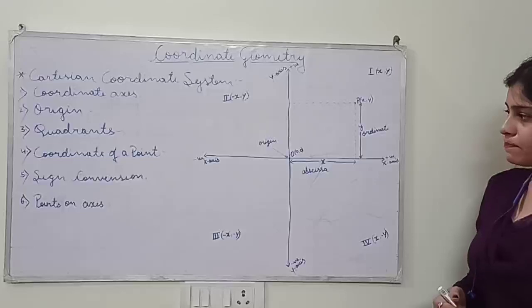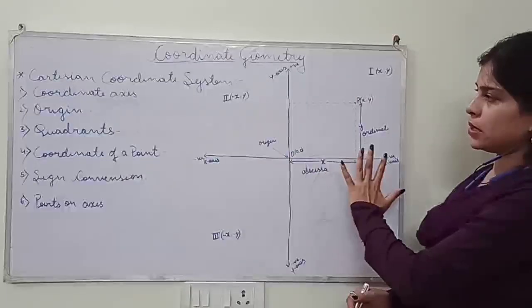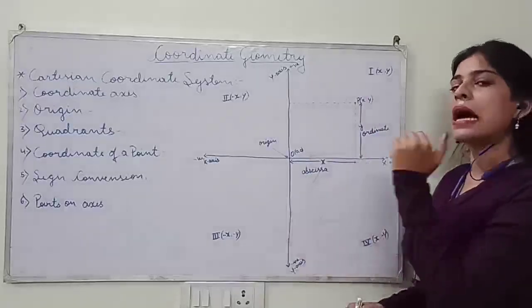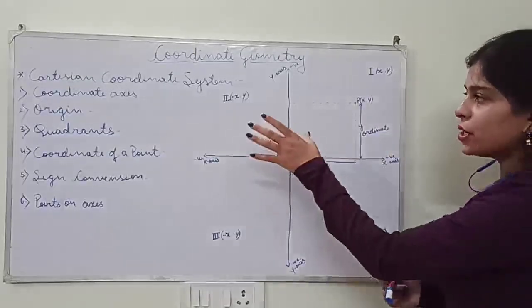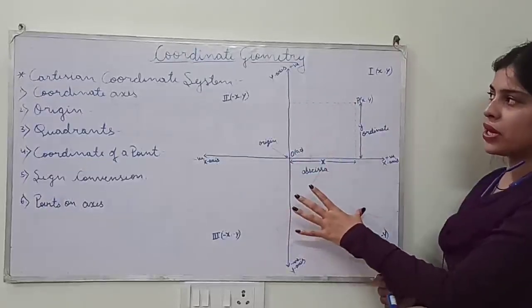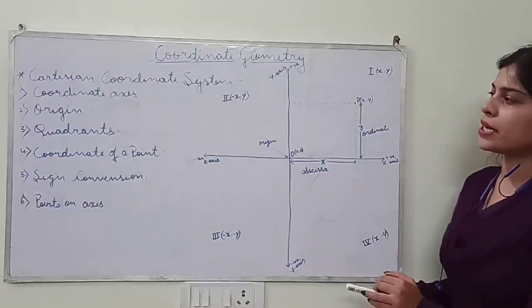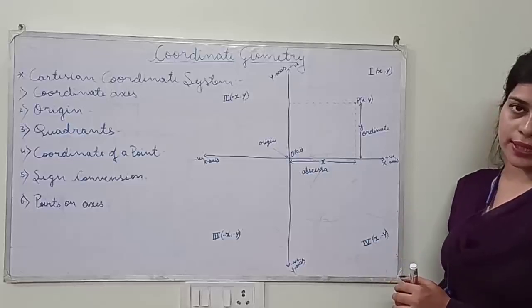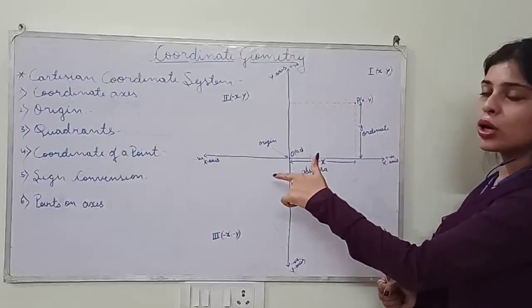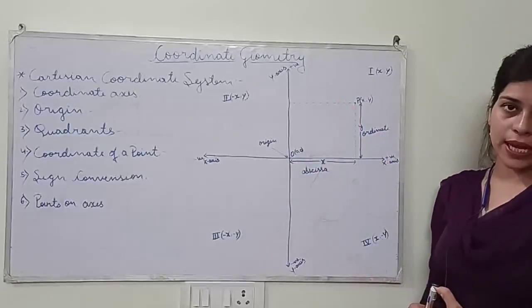Suppose this is the plane, or you can say the Cartesian plane. Cartesian coordinate system means, in this 10th standard, we are going to study only the 2D Cartesian system, which has only one horizontal axis and one vertical axis.